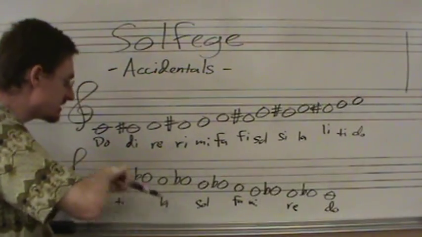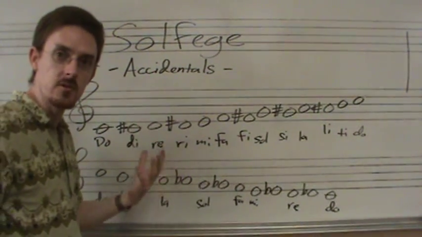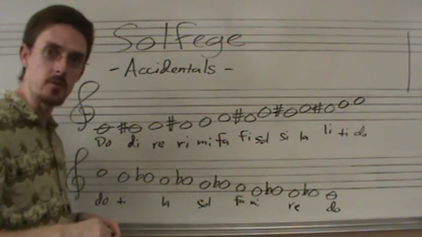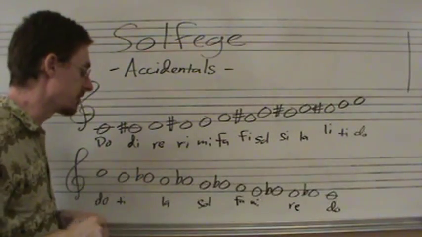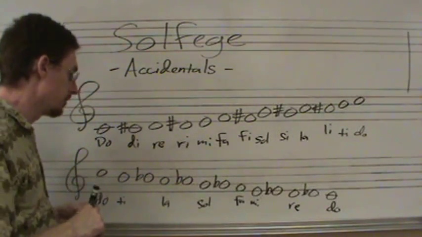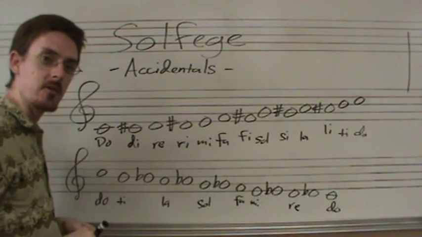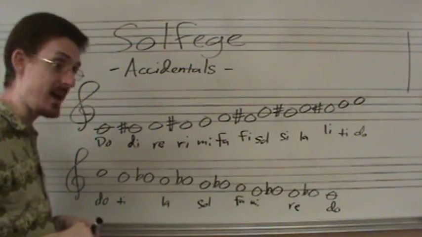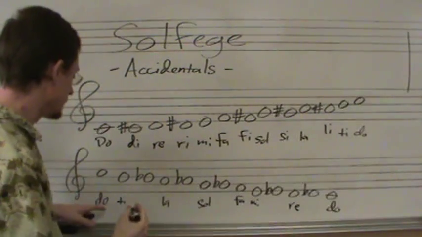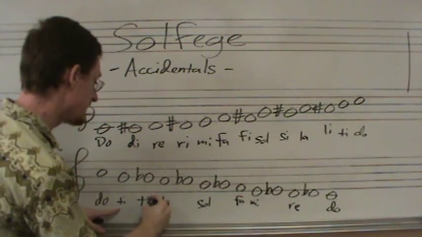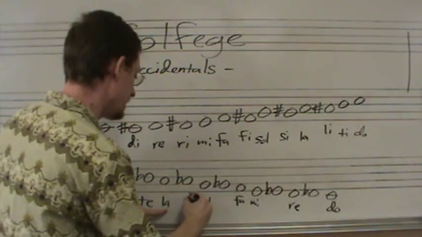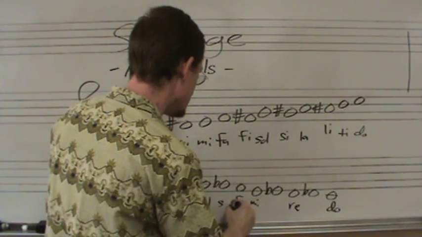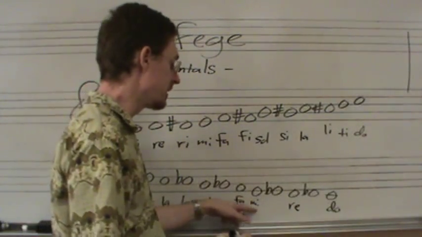Similarly, when we are descending or adding a flat to a note, or lowering the note by half a step, we are also going to change the vowel sound that is already existing in the diatonic solfege. That vowel sound is the A sound, which we will represent by the letter A. So ti will become te, la will become le, sol will become se, and again fa is a half step from mi already.